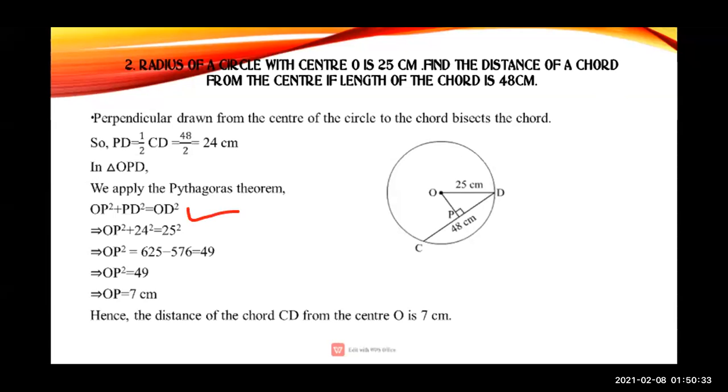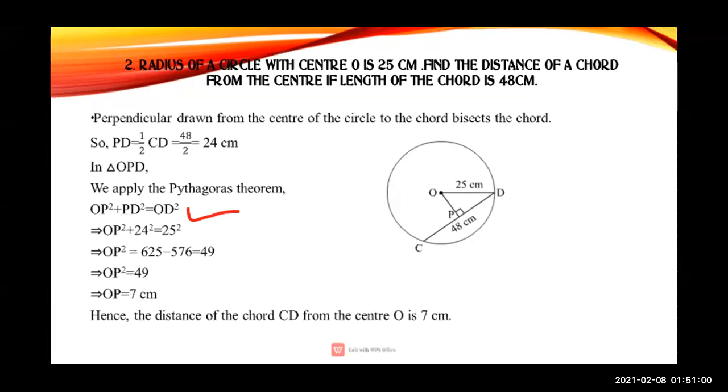Now we know the value of PD, that is 24, and OD is 25.